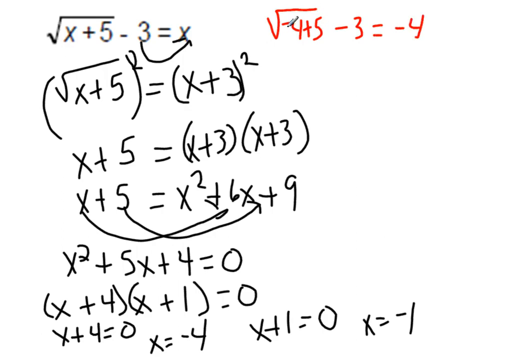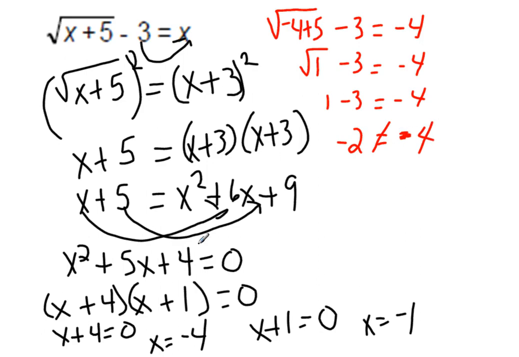Well, negative 4 plus 5 is 1, so I have the square root of 1 minus 3 equals negative 4. Square root of 1 is 1. 1 minus 3 equals negative 4. Well, 1 minus 3 is negative 2, and negative 2 does not equal negative 4. So therefore, negative 4 is not a solution.